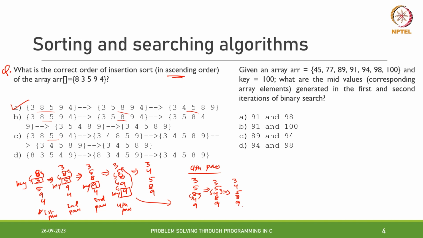That is why option B won't be the correct answer, because it again subdivides your fourth pass into 3 different steps. But it is considered a single pass, so it will directly be written as 3, 4, 5, 8, 9. Is that clear why option B is not the answer and option A is the answer?